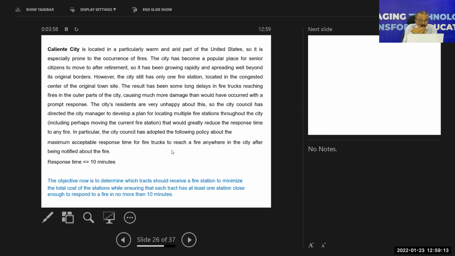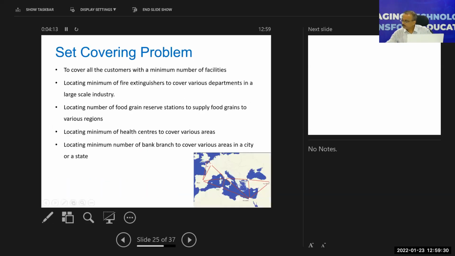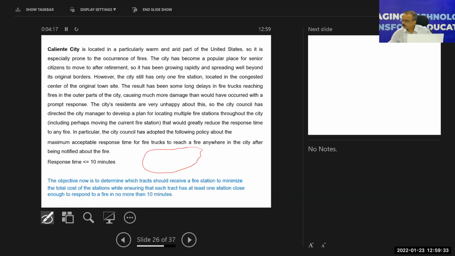The city is divided into 8 different regions, so the entire city is divided into different regions. And we need to locate the fire station so that it will serve all these regions.